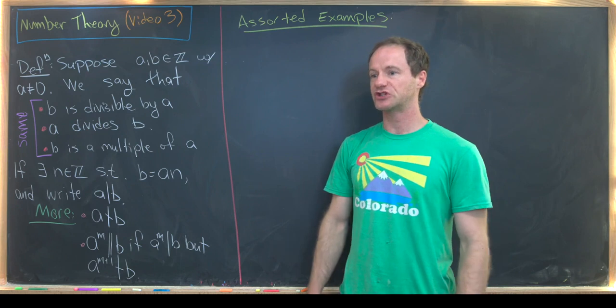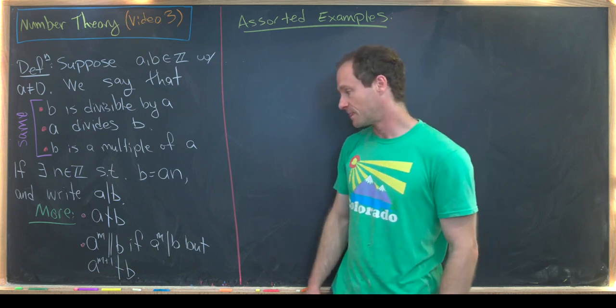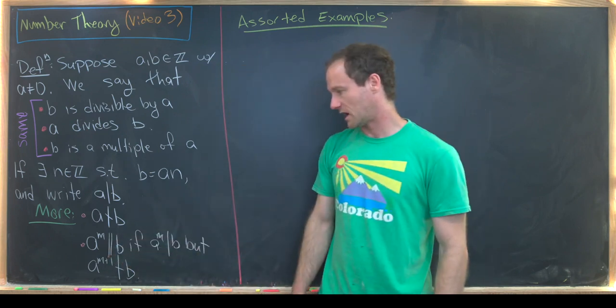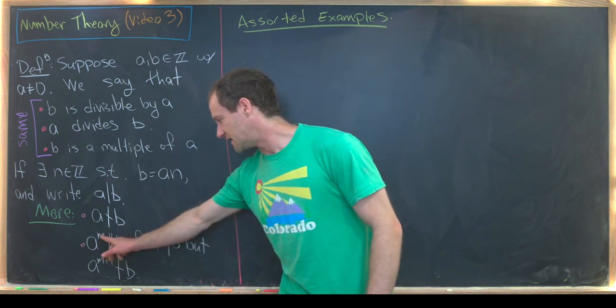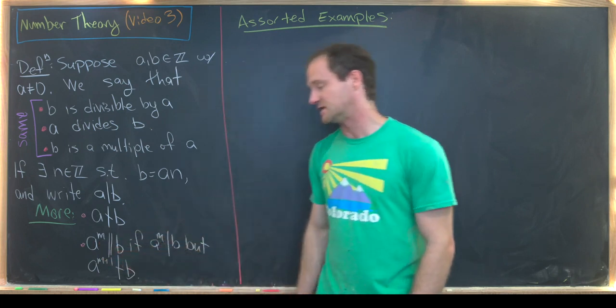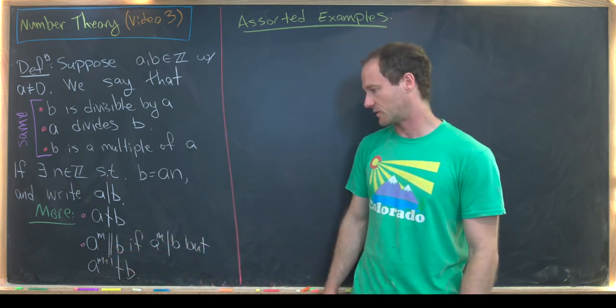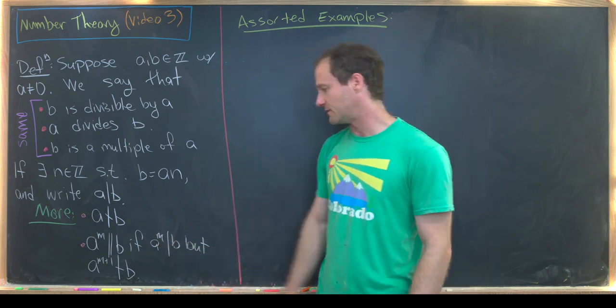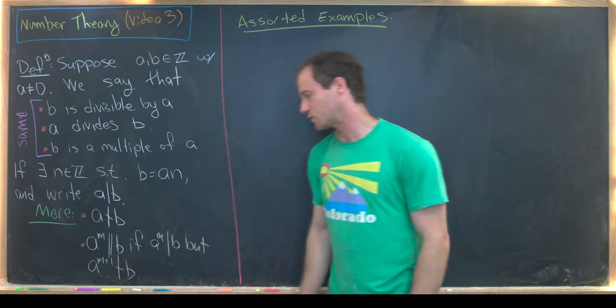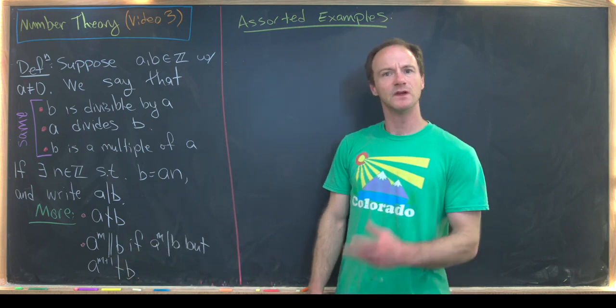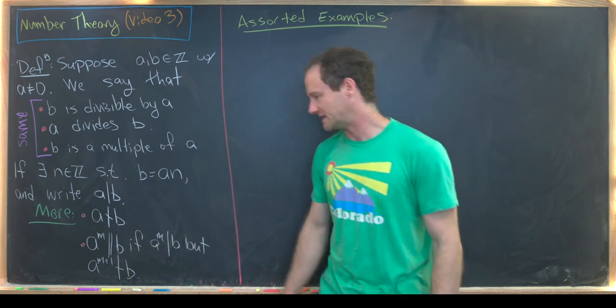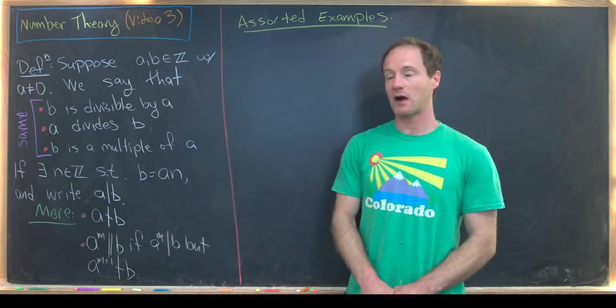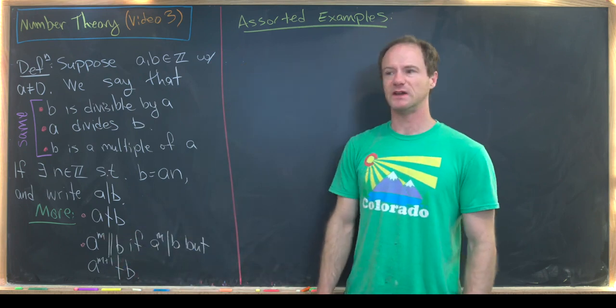Then I actually don't know the terminology for this, but we put two vertical lines and say a to the nth power divides b. Like I said, I don't know the terminology. If a to the m divides b, but a to the m plus 1 does not divide b, then m is the largest power of a that divides b.